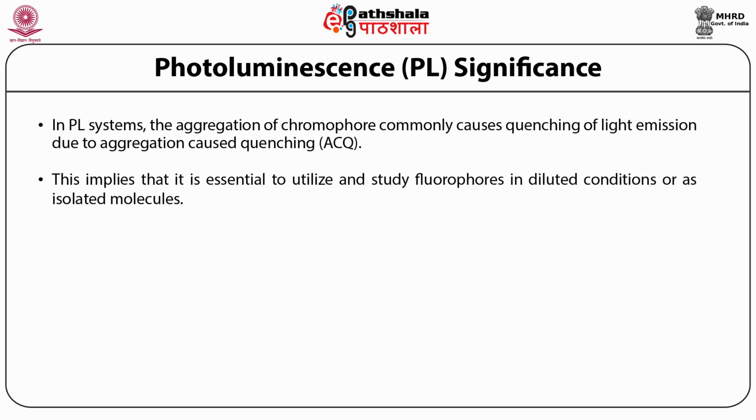This implies that it is essential to utilize and study fluorophores in diluted conditions or as isolated molecules. This causes poor sensitivity of devices using fluorescence, such as biosensors and bioassays.